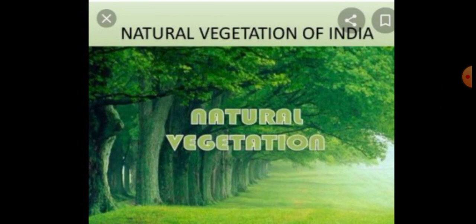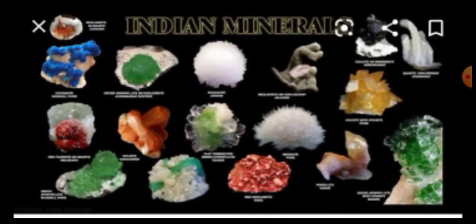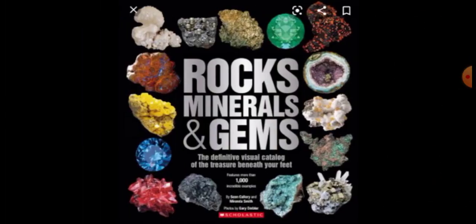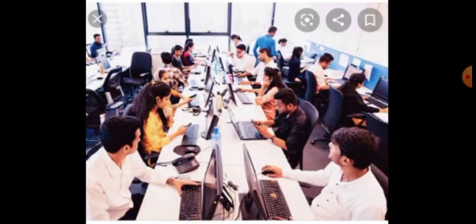For example, good natural vegetation, many mineral resources, and also good human resources. There is a good climate, and also good monsoon winds and rainfall. So India is a subcontinent.